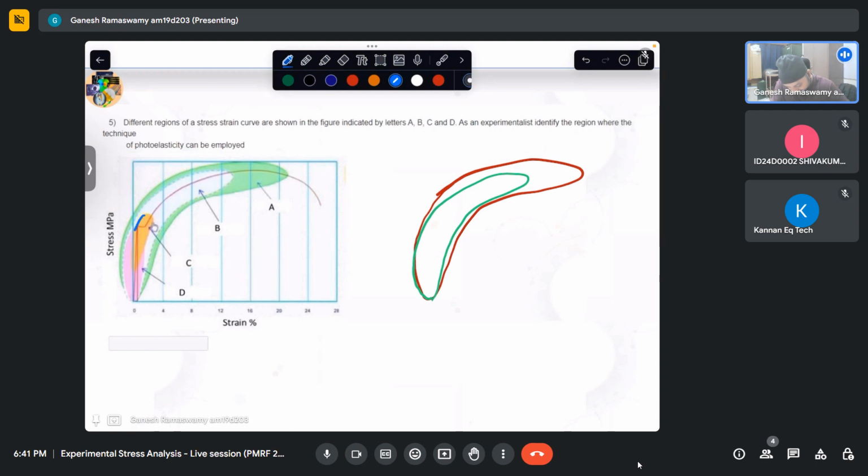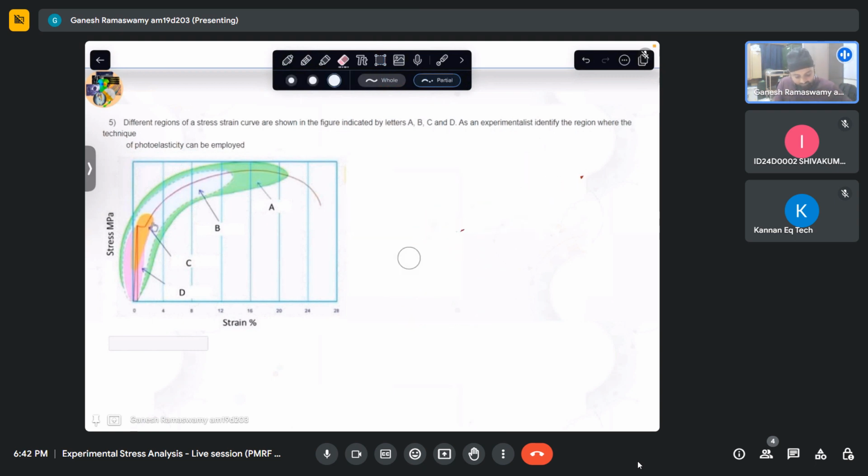And then C is somewhere over here, and my pink color is like that. So one region is over here. I'm just drawing it like that to demarcate it, so please don't get confused with this.